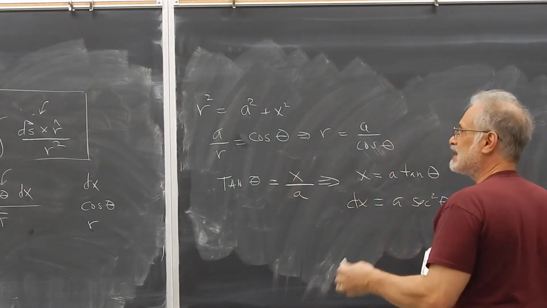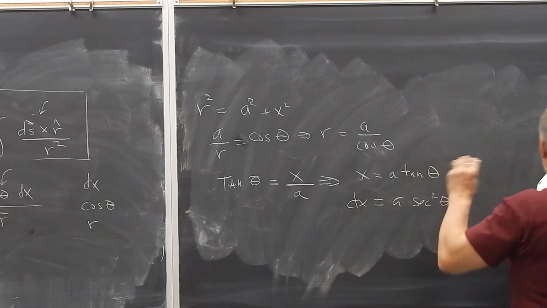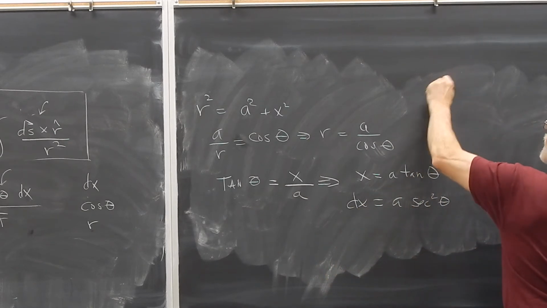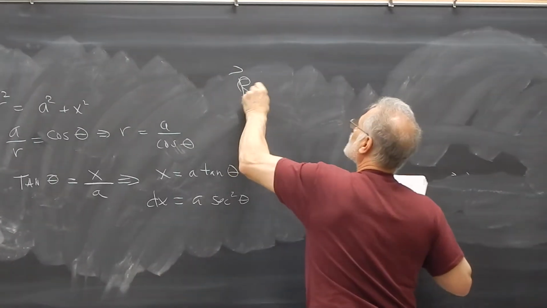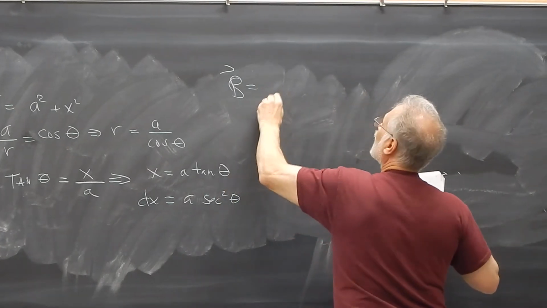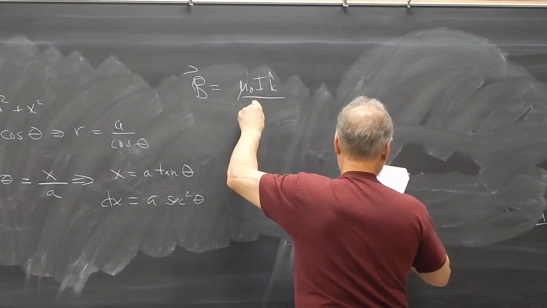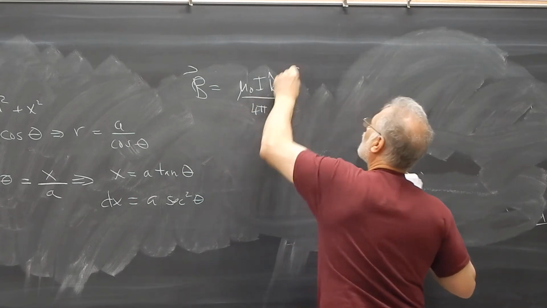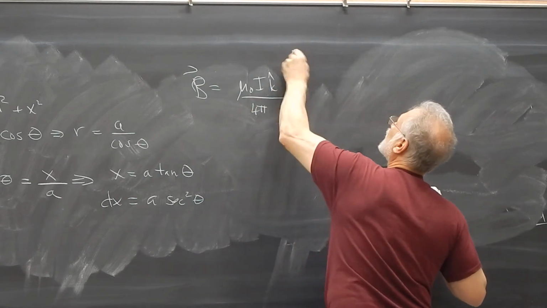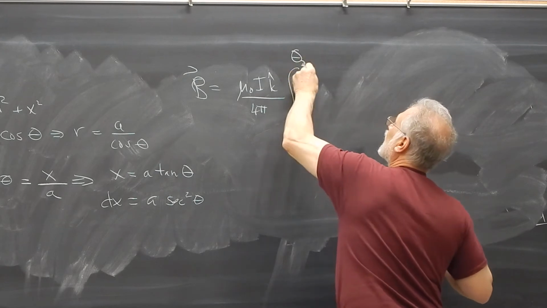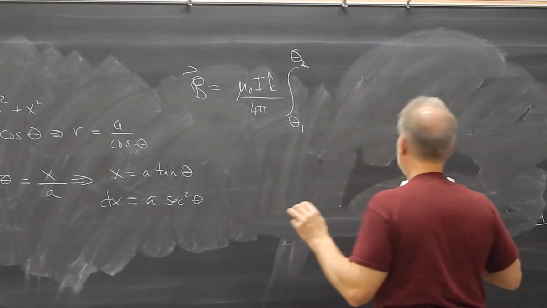We're going to put this in the integral, and you'll see that immediately, while it looks messy, some terms will drop out and make our lives very simple. So all I've got is mu naught I, k direction, over 4 pi. I'm going to integrate from theta 1 to theta 2. We haven't specified an angle, but we can later on.